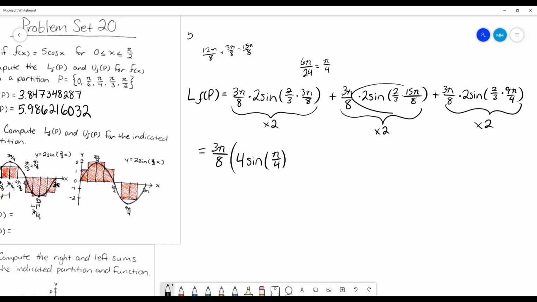Okay, then we've got this one over here, another times 2, so plus 4 sine, and now that's going to be 30 pi over 24, which we can reduce to 15 pi over 12, or then 5 pi over 4.